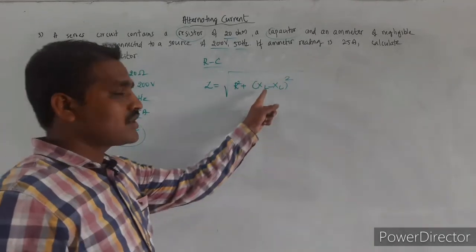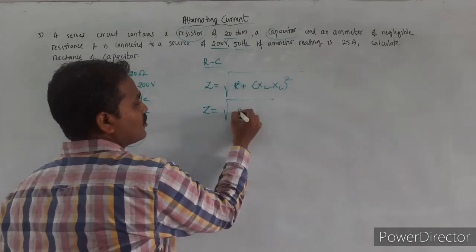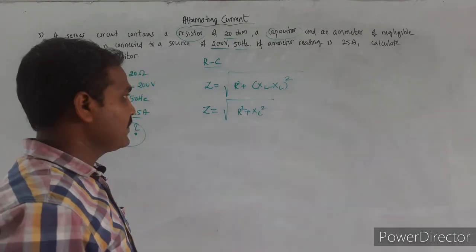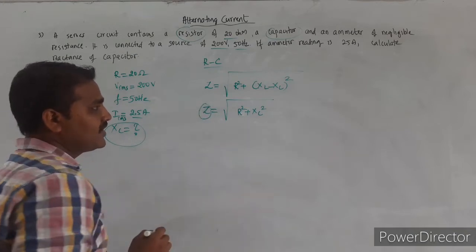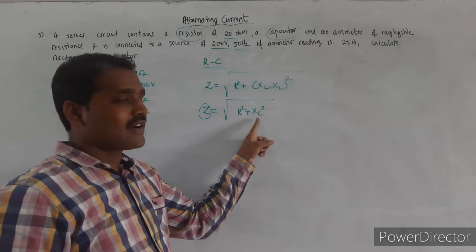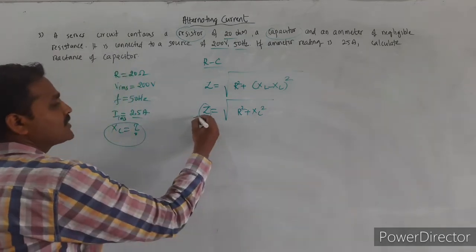Since we don't have any inductor here, we can simply write Z is equal to root of R square plus XC square. But for this we first have to find the value of Z. If we find the value of Z, we know the value of R, and easily we can find the value of XC. How to get the value of Z here?